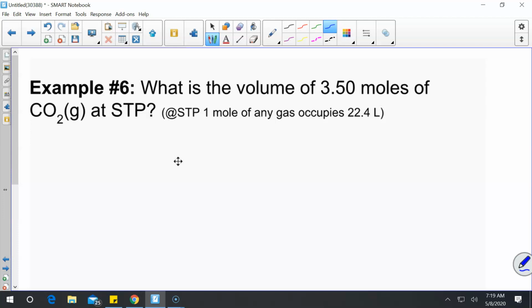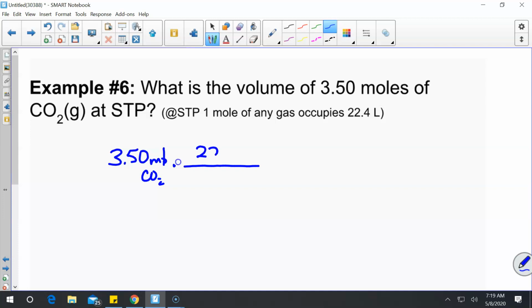So here's a simple conversion for a problem. They said you have a volume of 3.5 moles of carbon dioxide at STP. And I just put the conversion up there that we know that 1 mole of any gas occupies 22.4 liters. So I could say 3.50 moles of CO2 times, I want to convert this to volume.